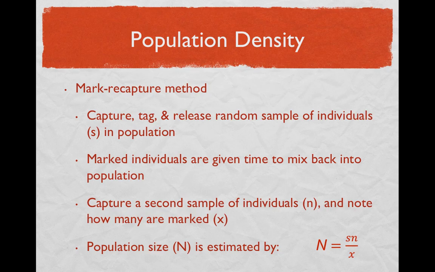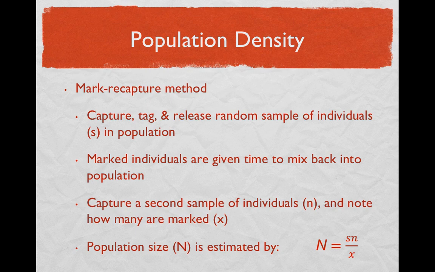We're then going to take note, all right, I captured 100 individuals the first time, I released them after I tagged them, and now when I recapture another 100, I got 50 of them back that I had already seen, and now I have a new set of 50.